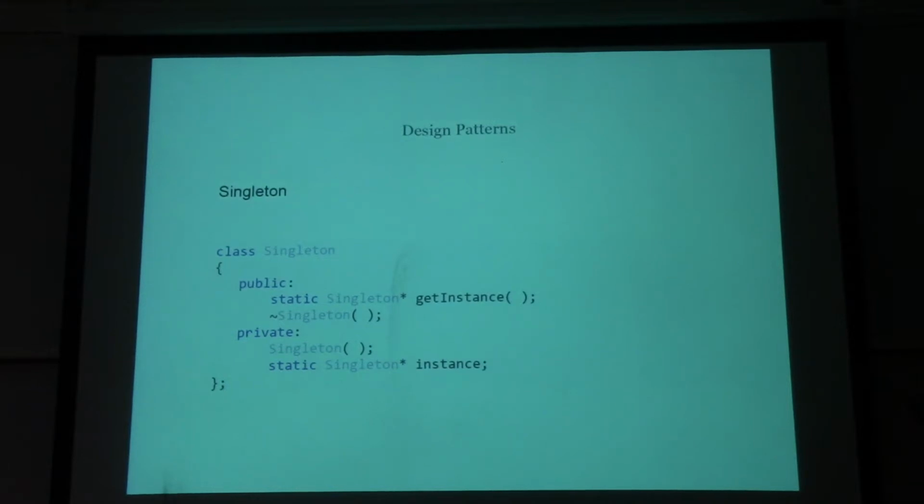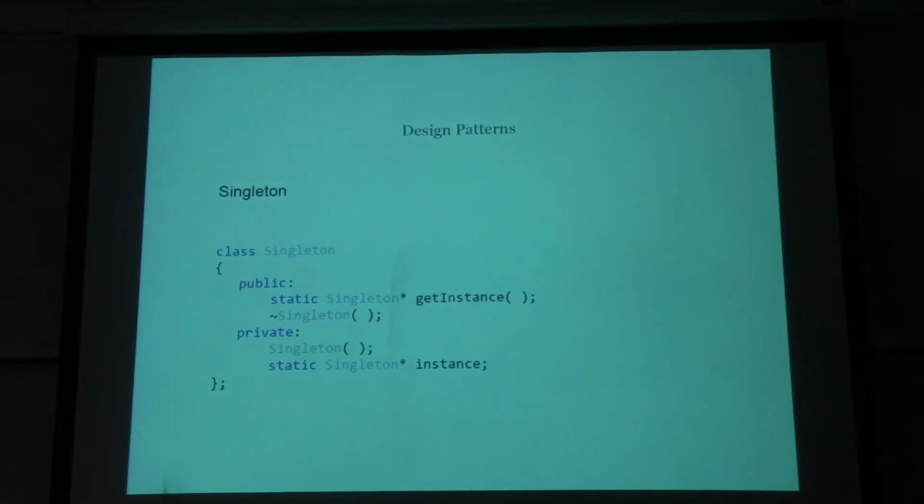So the code here is going to say if instance returns no. Somehow we need to have a null value, right? We're going to assume that this value is null. Therefore, the getInstance method is going to check if instance is equal to null. Is instance equal to null? What does that mean?